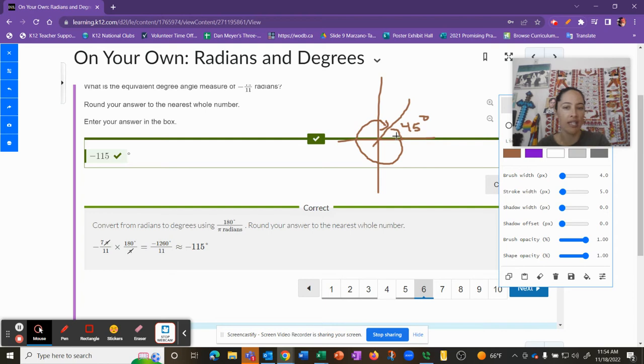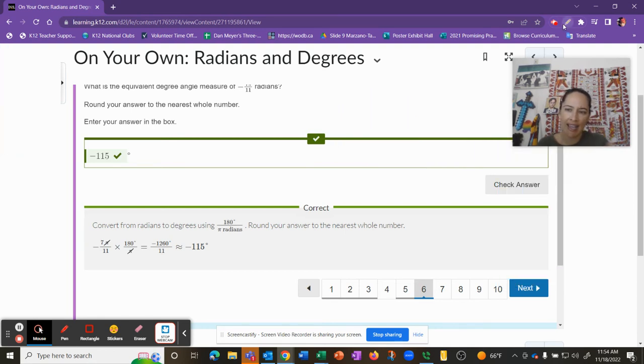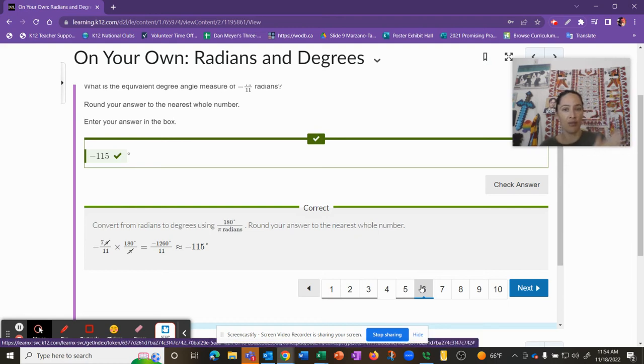The same relationship is also negative. I'll do 360 minus 45. This is also negative 315 degrees. So that'll come into play later on, but it's something to keep in mind: there are multiple representations of the same spot on the unit circle.